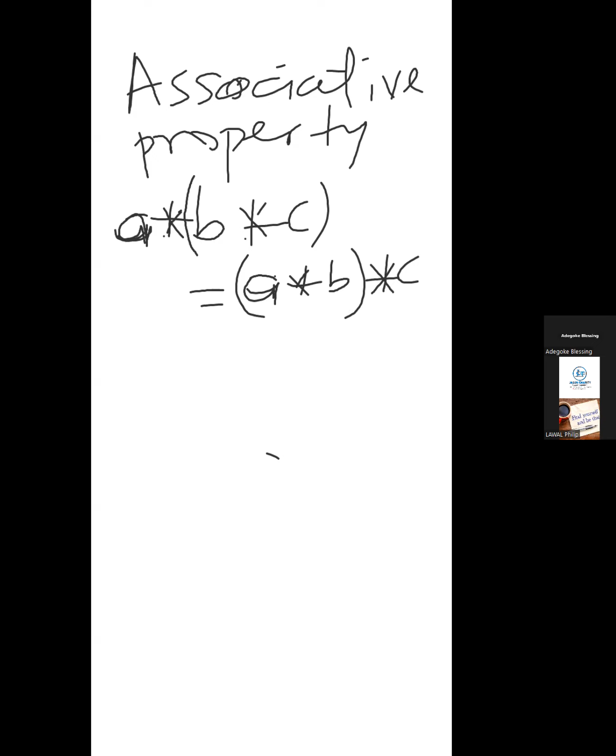So I can give a very simple example to this. Let's say that when we have A star B, this is an example. If A star B is given as AB plus A plus B, this is associative.